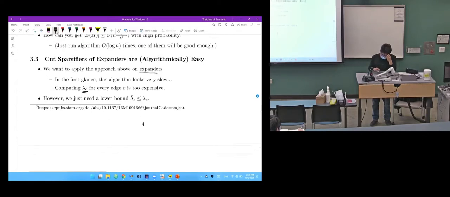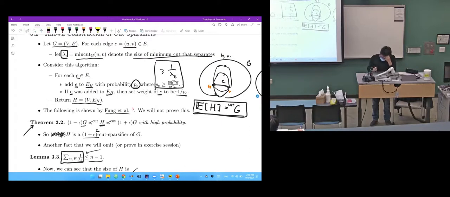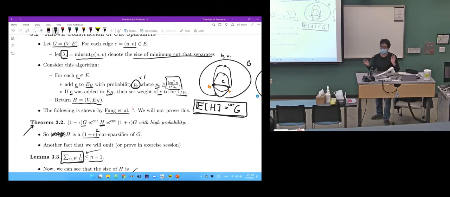However, note that the algorithm here really said to just set p_e, as long as p_e is bigger than this thing, it's fine. If you set p_e to be 1 for everything, you will get a cut sparsifier, although maybe not of good size.